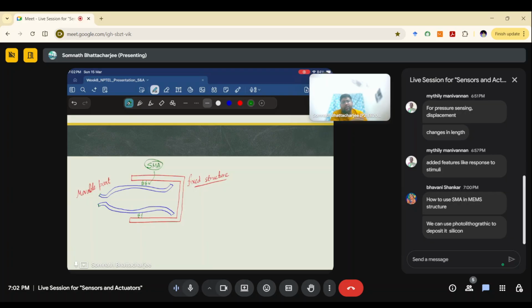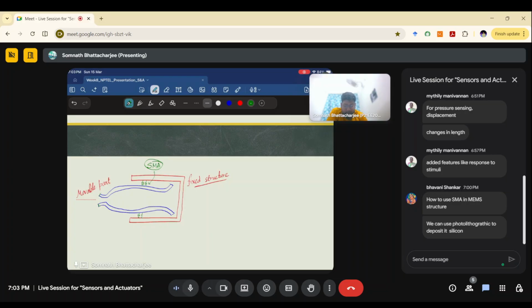So even if they get deformed, based on the heat, the spring will come back to its original shape, and the device will be practically undestroyable. That's why shape memory alloy is one of the most used materials in mechanical engineering as well, because it can be used for creating mechanical sensors like the accelerometer, gyroscope, and these kinds of things.